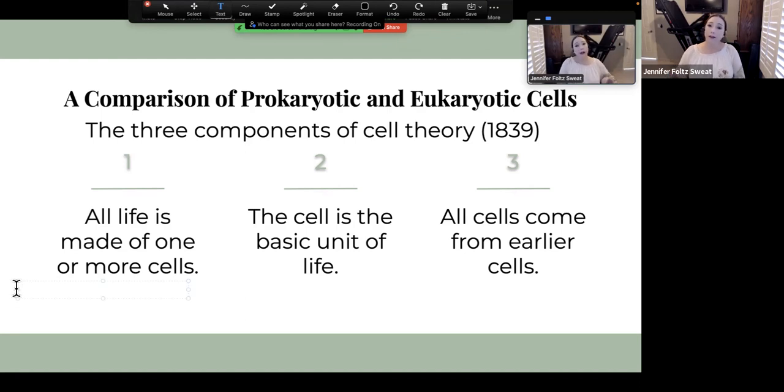So living organisms like bacteria, unicellular means 1 cell. I'm going to put bacteria in parentheses. There is also multicellular life, more than 1 cell. And that is what you are probably most familiar with.